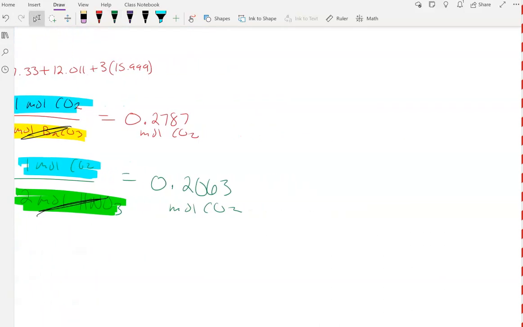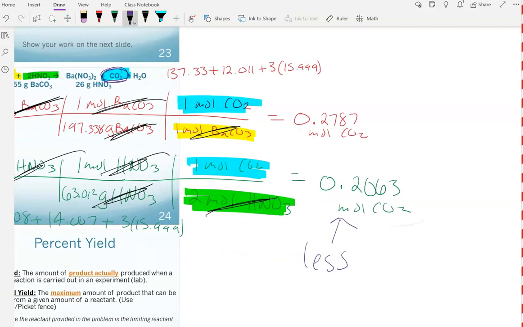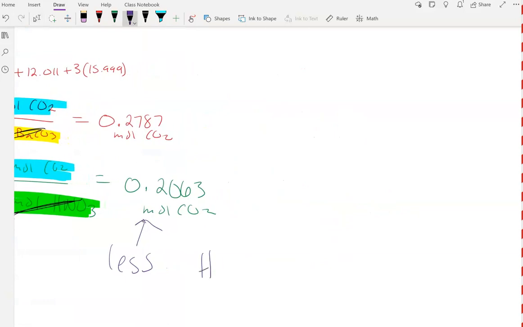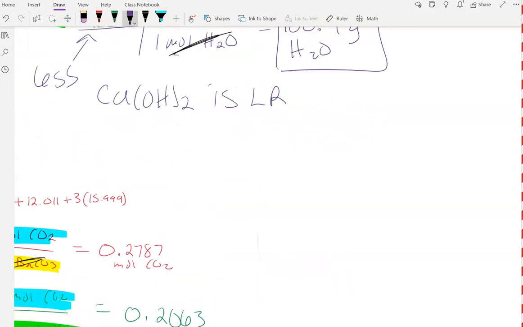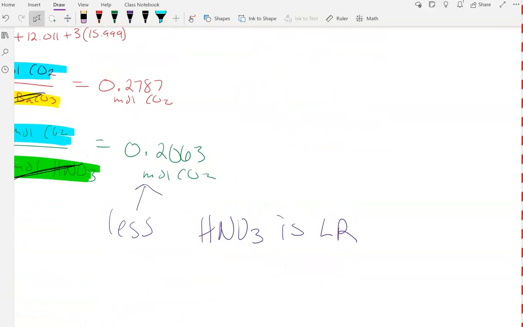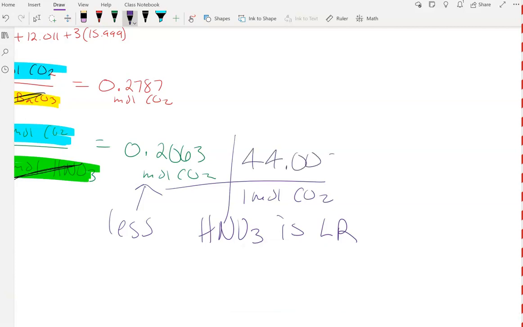So in terms of which is making less, this one is less product. So that means that the HNO3 is the limiting reactant. And then, just like this problem here, we're being asked for the amount of CO2. So now we just have to do another picket fence to convert moles of CO2 into grams of CO2. And the molar mass of CO2 is 44.009 grams.